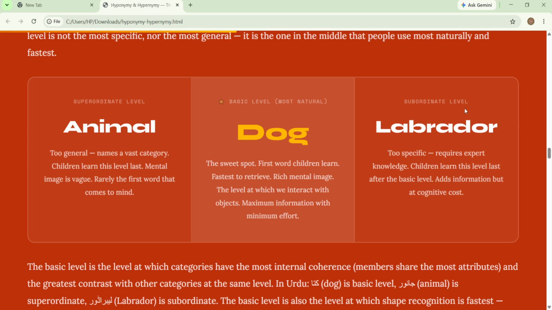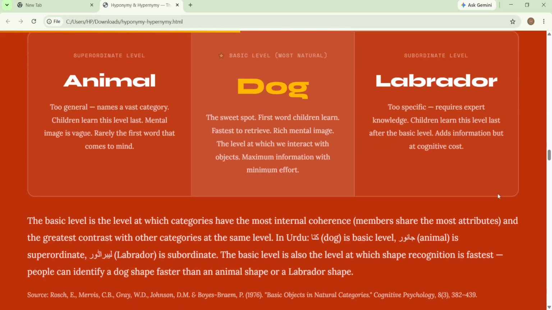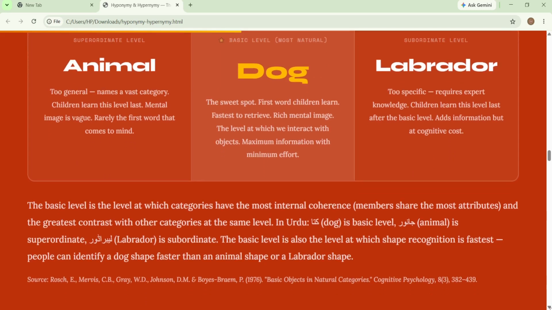Then the subordinate level, Labrador. Too specific, requires expert knowledge. Children learn this after the basic level. It adds information, but at cognitive cost, which is you have to be specific that if this is a Labrador, this is not another breed of dog.